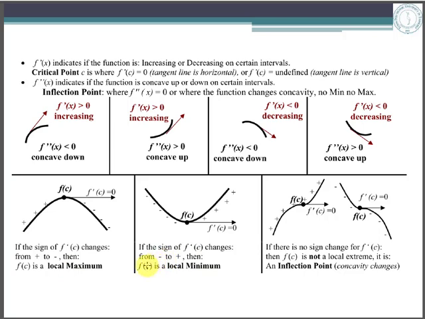If it changes sign from minus to plus, it will be a local minimum. And the inflection point: if there is no sign change for the first derivative, then f of c is not a local extreme, it is an inflection point. So concavity changes here.